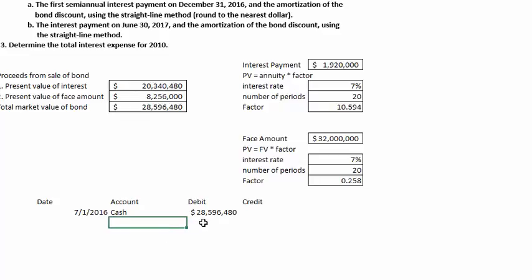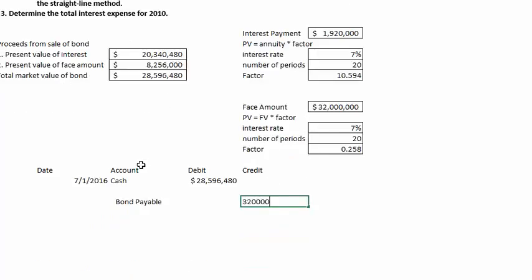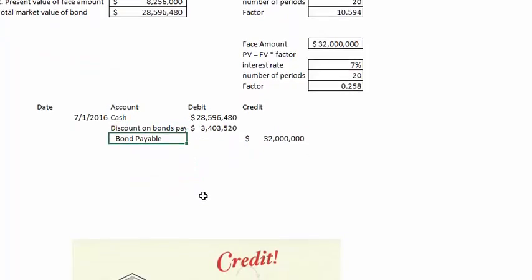In exchange, I'm going to skip a line here, we record a bond payable, which is a long-term liability, for the face amount of the bond, $32 million. Debits don't equal credits, and they have to. The difference here is $3.4 million, and that goes to this account called Discount on Bonds Payable. So that's the journal entry to record the issuance of the bond.